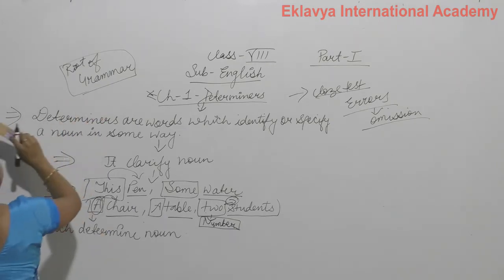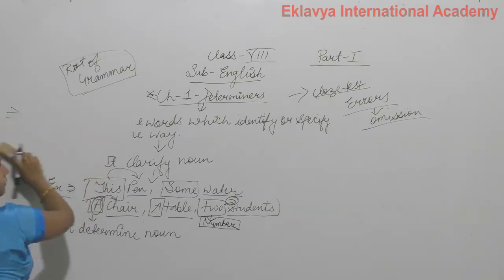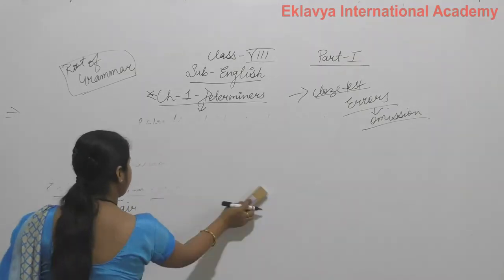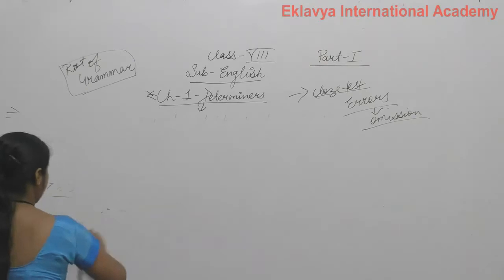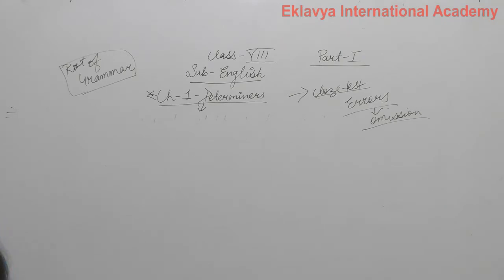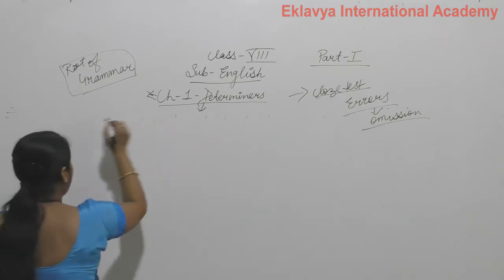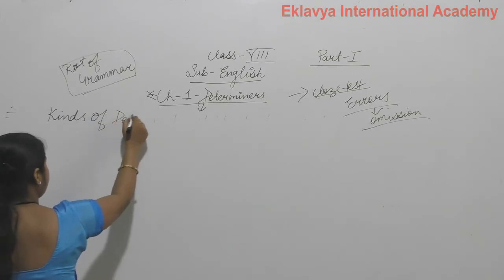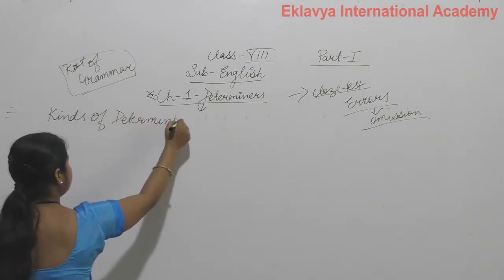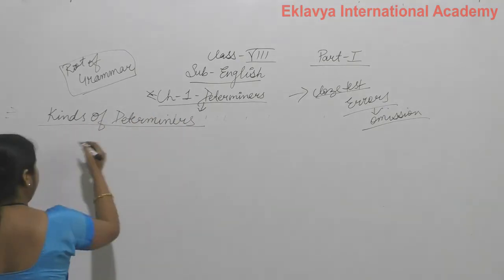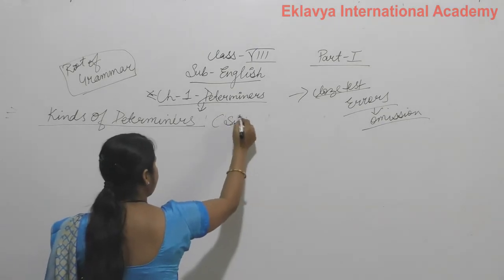Now next is what? Kinds of determiners. There are 6 kinds of determiners. How many? 6 kinds.